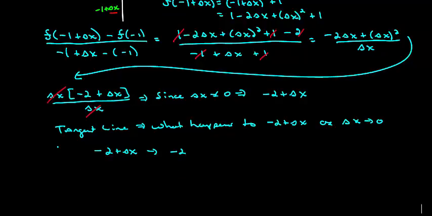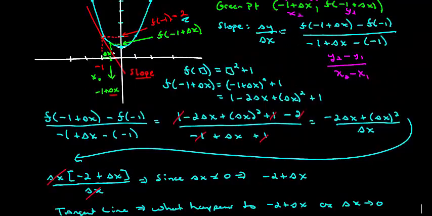And how we write that is we say the limit as delta x goes to 0 of this is equal to just negative 2. And so what that says is that when this delta x value right here becomes super small, the slope of this line right here is actually equal to negative 2.